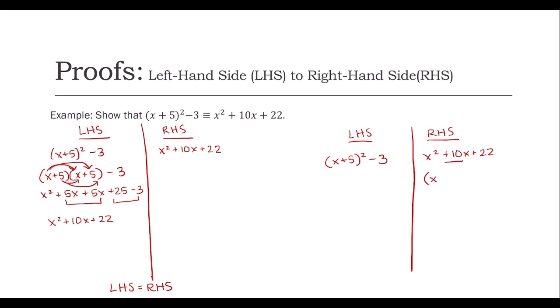So 10 divided by 2 is 5. So we'll have x plus 5 squared plus 22. When we turned our x squared plus 10x into our x plus 5 squared, we added 5 squared. So we need to subtract 5 squared at the end. So minus 25. So this will become x plus 5 squared minus 3, which is the same as our left-hand side. So we've proved that the left-hand side is equal to the right-hand side.